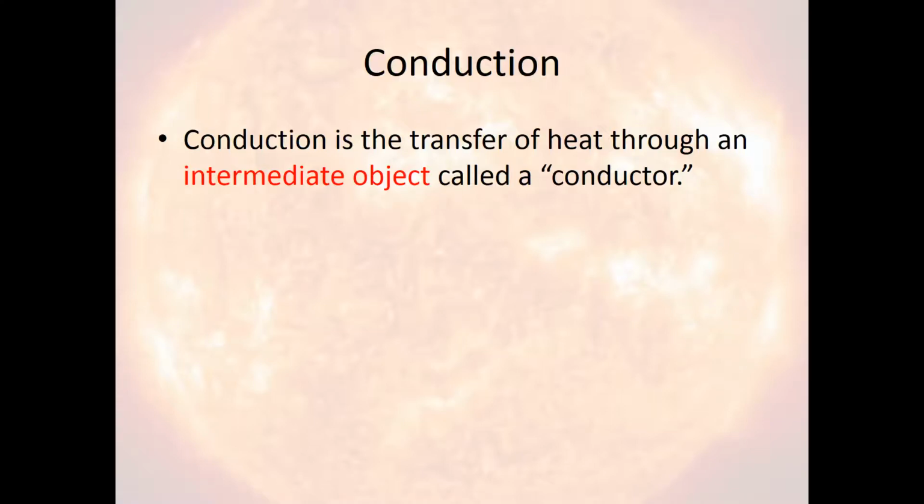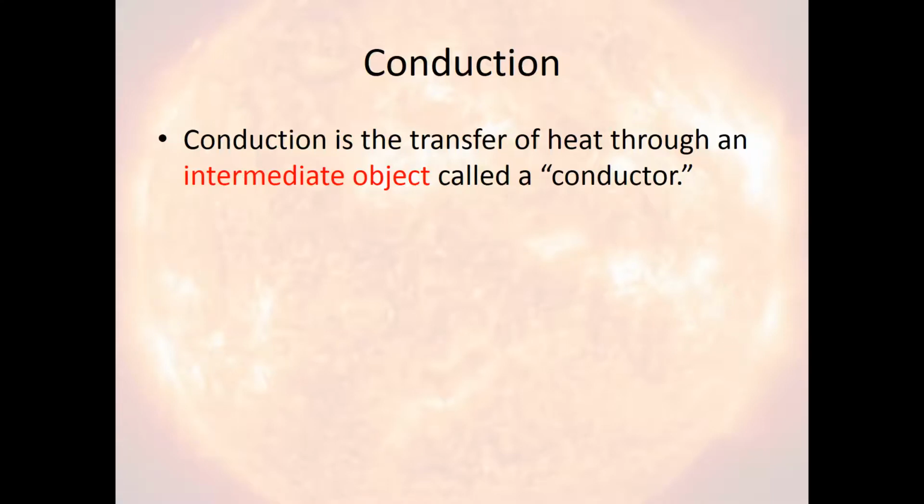Now, another example of conduction is, let's say instead of you directly touching that other object, you have some kind of intermediate object, maybe a pole, maybe a piece of paper or something, between you and the other object.